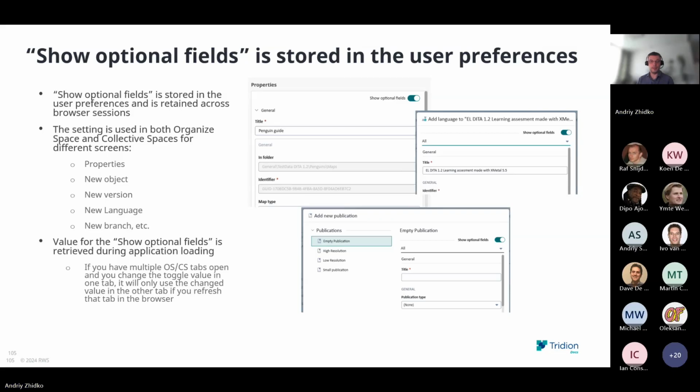There are customers who have different departments, and these departments use different sets of optional fields. The solution with the metadata file will not work for them, and the possibility to preserve the value for show optional fields per user via user preferences will address their need.